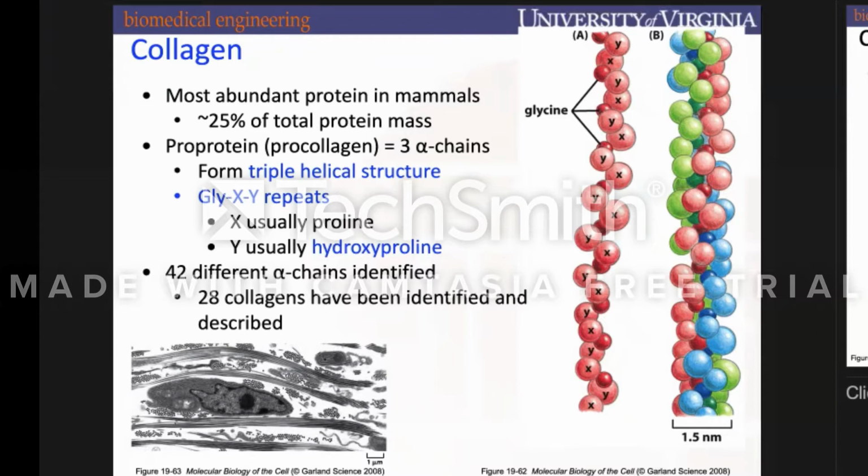If you're interested, in your spare time, you can look up the 1600 amino acid sequence of collagen 1. And if you're so interested, you can look at and appreciate that there's glycine and oftentimes some other amino acid, glycine. And sometimes it'll be proline, or hydroxyproline. And so if you're interested in doing that, I'd be happy to send you the link.